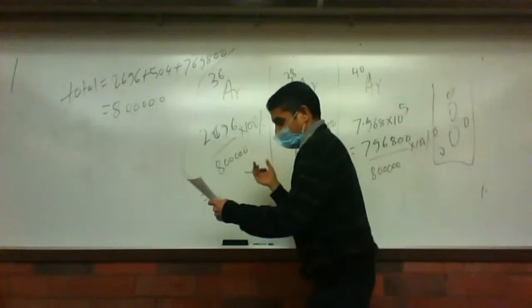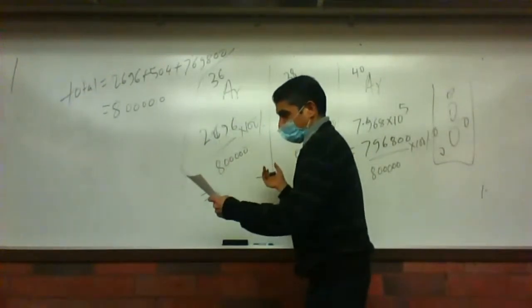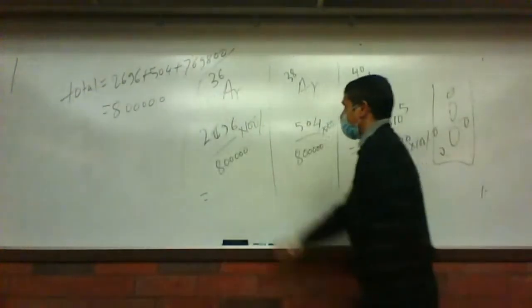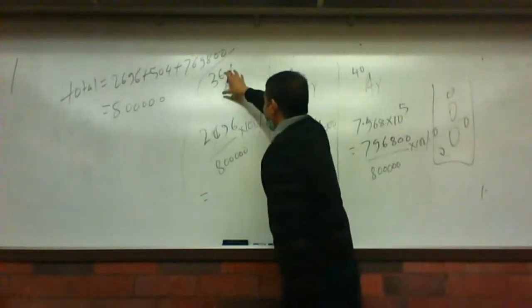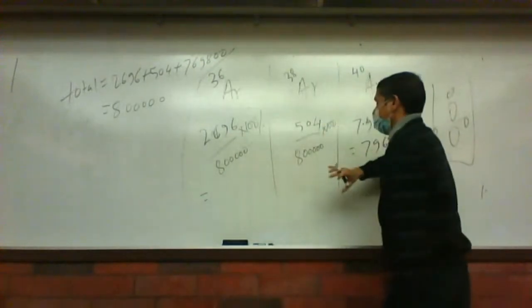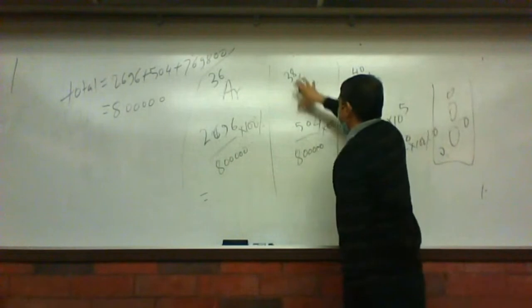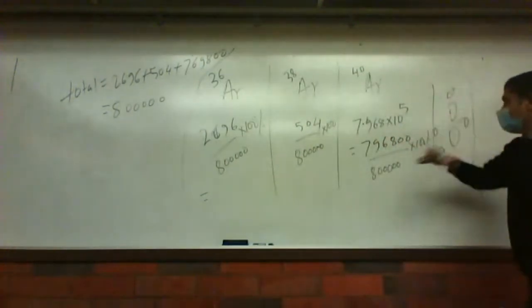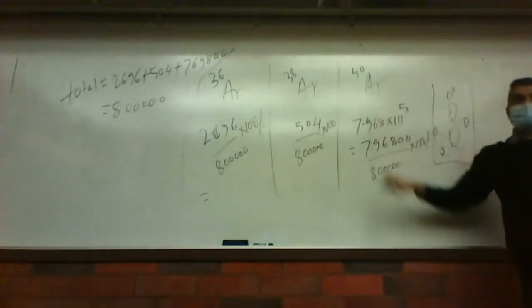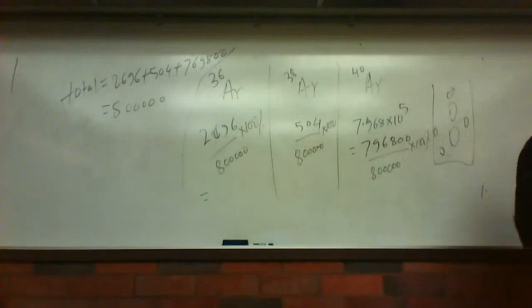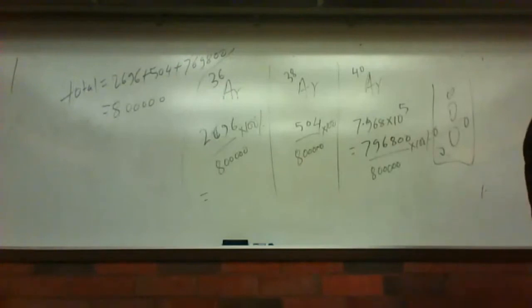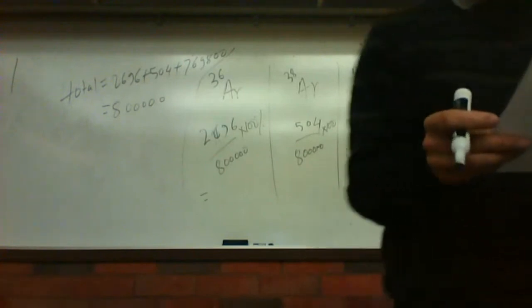So this number gives you the argon 36 percentage abundance. This one gives you argon 38 percent abundance, and this will give you argon 40 percent abundance. Make sense? This is the percentage calculation. First we add it all, and then calculate the individual percentages, right?